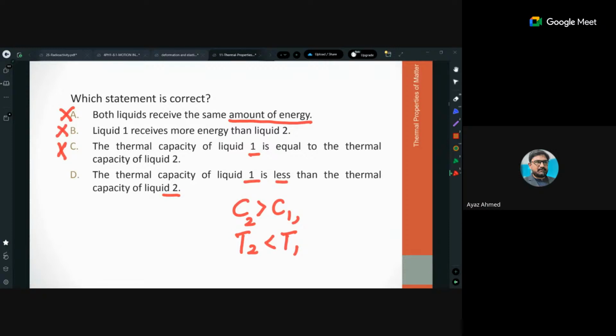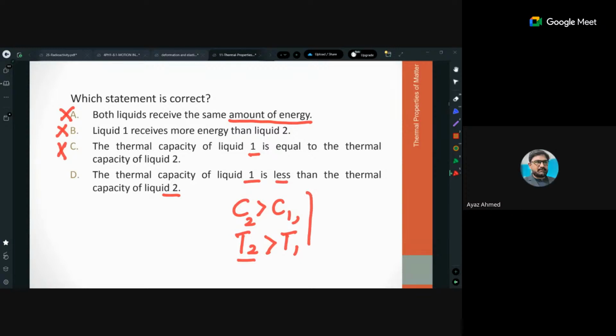No, no, I'm wrong. That liquid which has more specific heat capacity will take more time, not less time. That is why the time taken by liquid 2 is greater than the time taken by liquid 1. Is this clear?